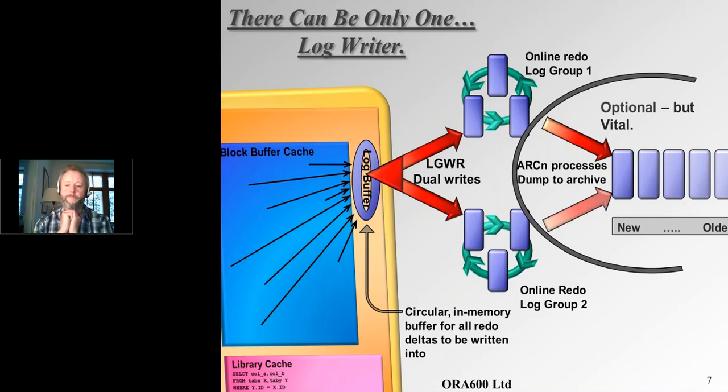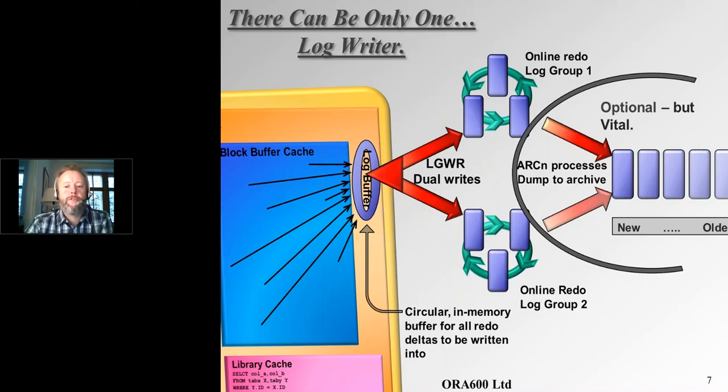Martin, I received 2 questions, and this one is asked in different variations. Danny asks, is there an extra write latency involved if you have more than one redo group? No, not really.